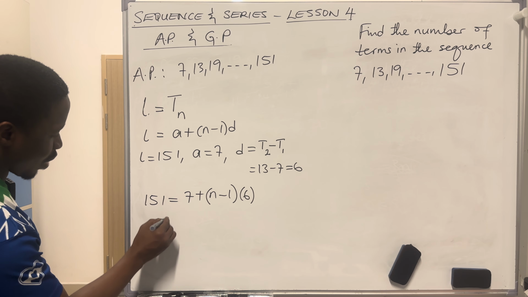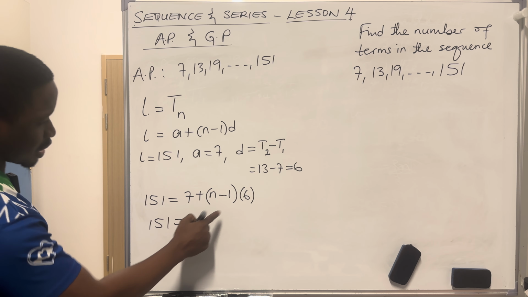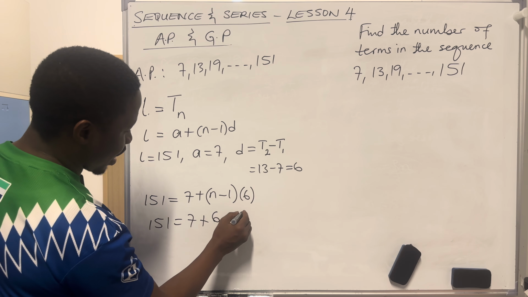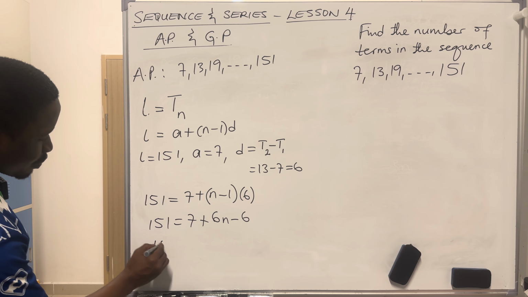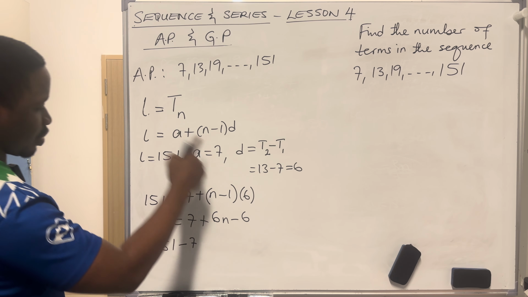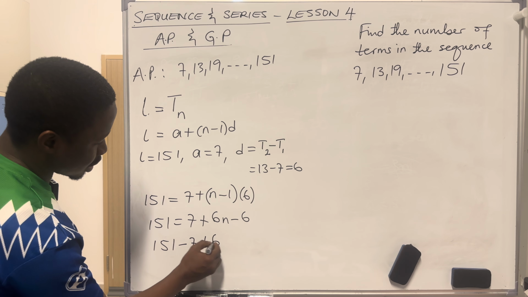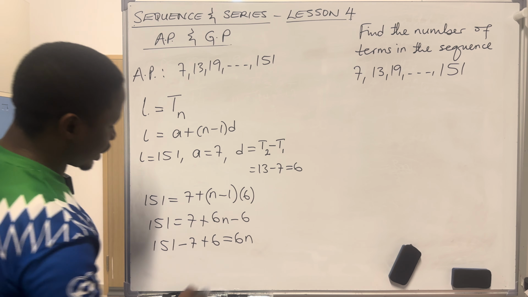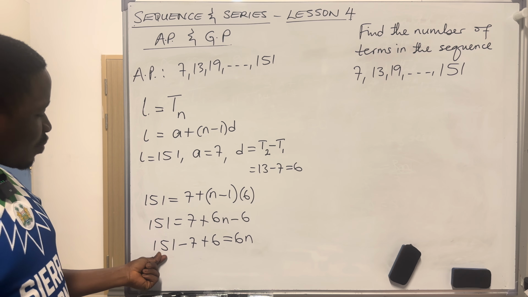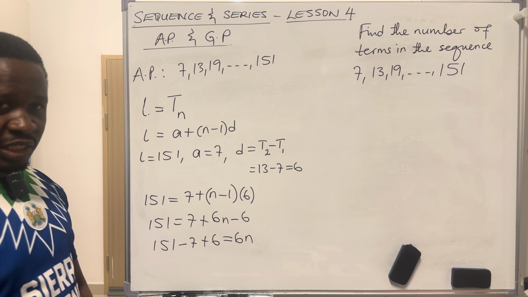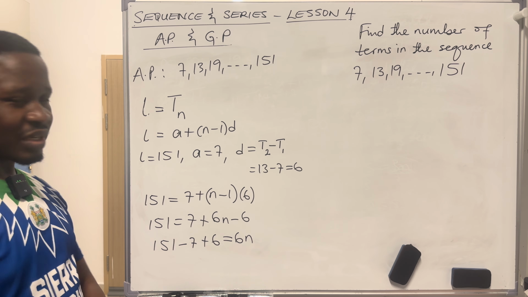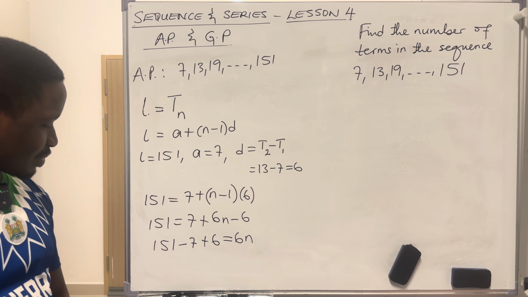So 151 equals 7 plus 6 times n minus 1, that is 6n minus 6. So 151, we send this 7 here, minus 7, and this 6 comes here, plus 6, which is equal to 6n. So 151 plus 6 is 157, and 157 minus 7 is 150.